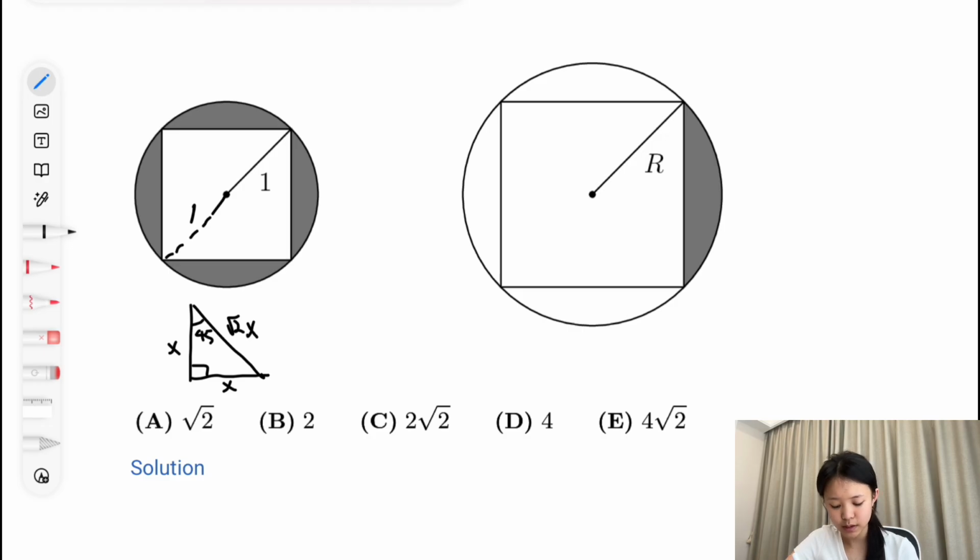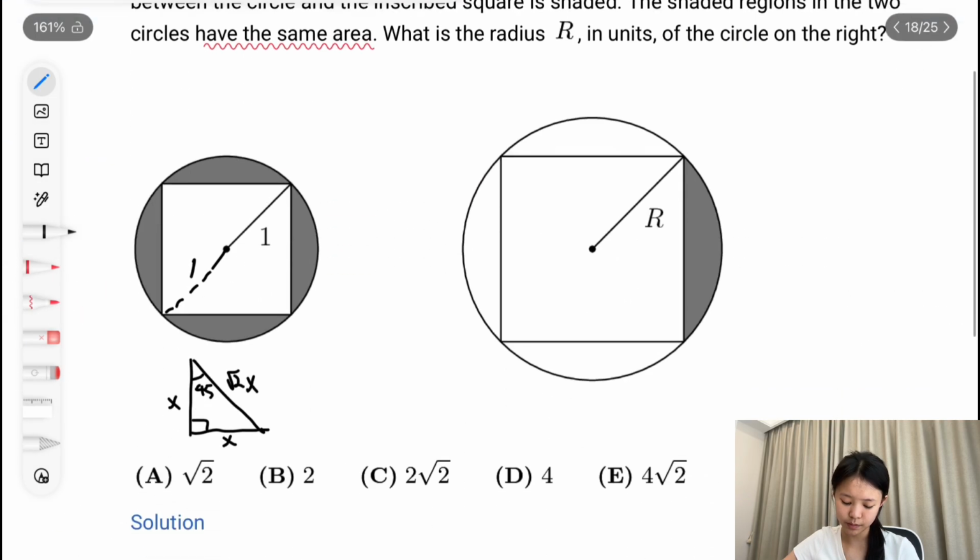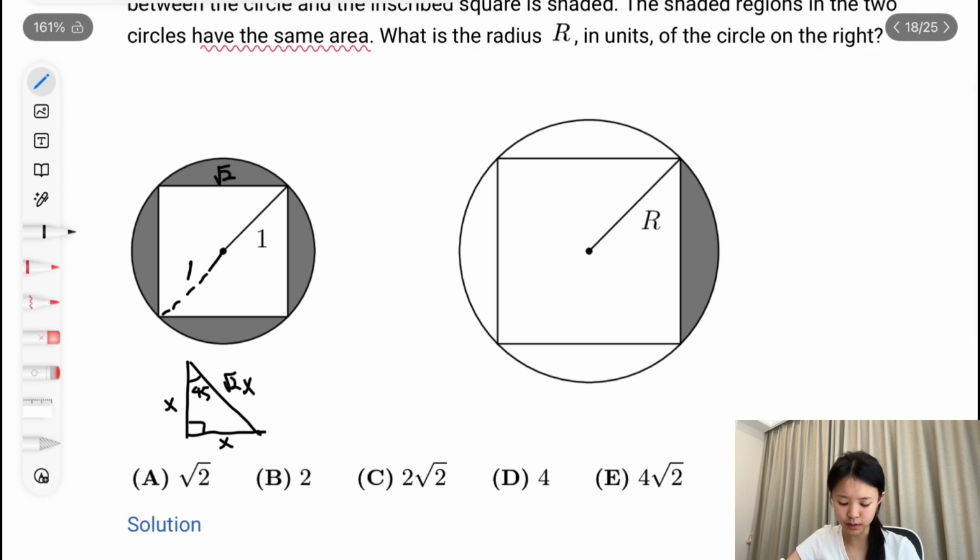So therefore, since here square root of 2 times x is equivalent to 2, it means that x equals square root of 2. So the side length of this square is square root of 2, and the overall shaded region is pi minus 2.